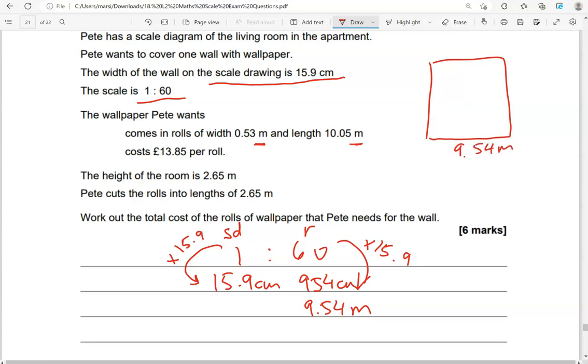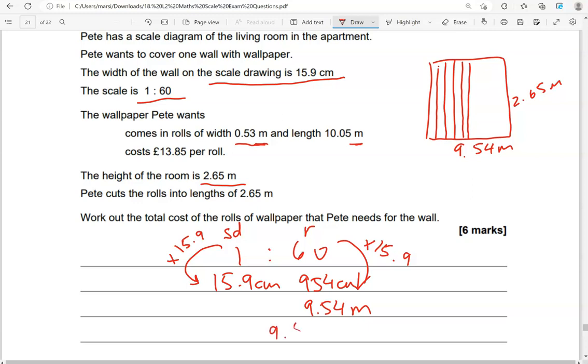And the height of the room is 2.65 meters. Now the wallpaper rolls come in widths of 0.53 meters, so you can imagine strips like this here, each strip being 0.53 meters wide. So how many strips will fit into 9.54? We're going to work it out.